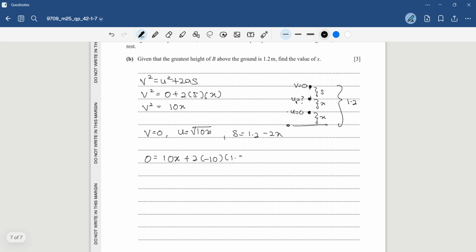And s equals 1.2 minus 2x. So to solve this, it's going to be 20 times (1.2 minus 2x) equal to 10x. So 1.2 minus 2x equals 1 over 2 x. So 1.2 will be 2.5 over 2 x, and my x will be 0.48. Okay, so that's all from me.